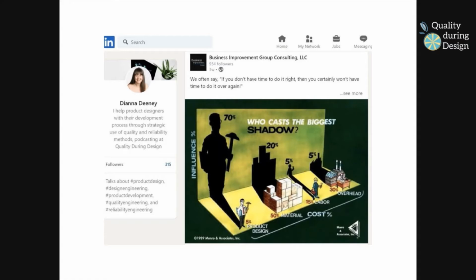The parts of the organization that were identified were overhead, labor, material, and design. And those are the areas of the business that we think about when we are thinking about manufacturing production. By far, design had the greatest influence with the least amount of cost. At least 50% more influence than any other part of the organization, and at least 1/3 less the cost of the least costly option.